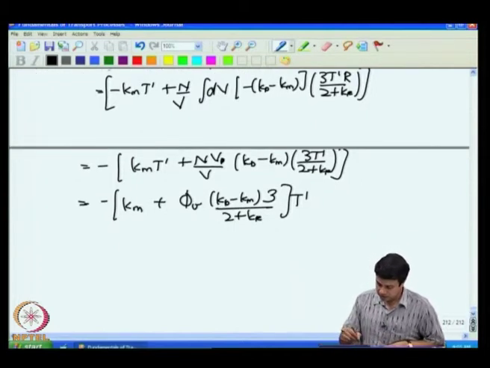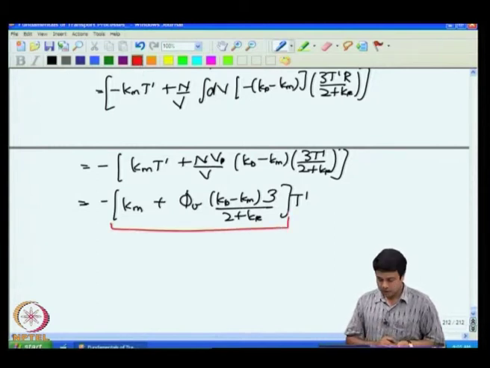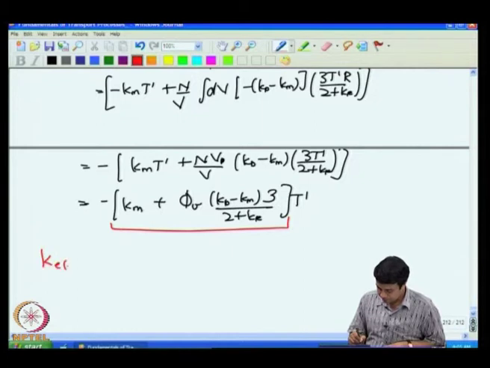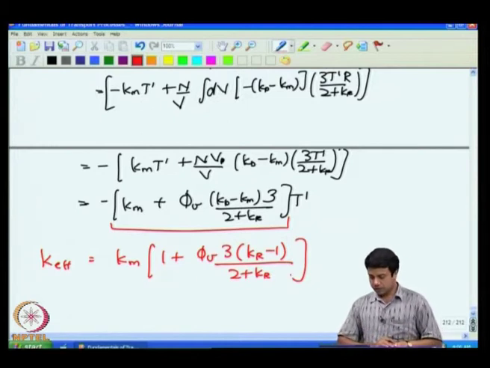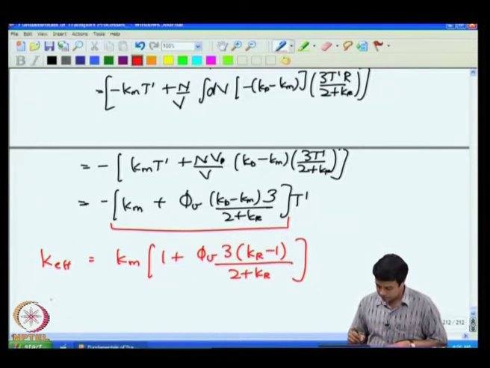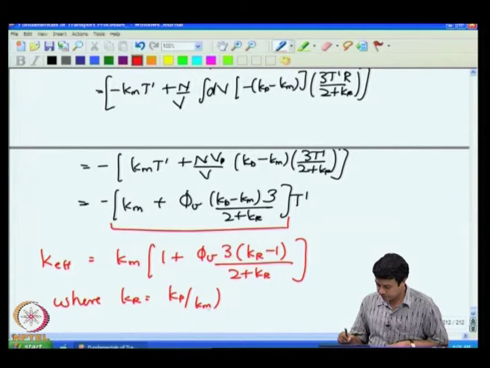This entire coefficient here is the effective conductivity. K effective is equal to Km into 1 plus the volume fraction into 3 into Kr minus 1 by 2 plus Kr. You can easily see Kr is equal to K particle by K matrix.